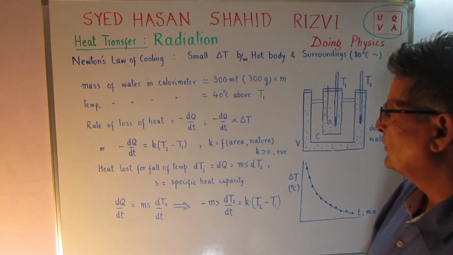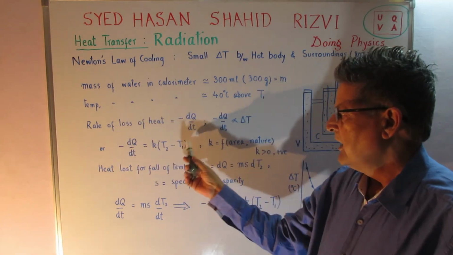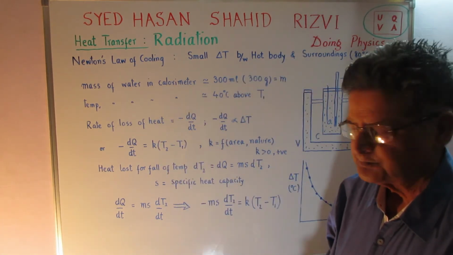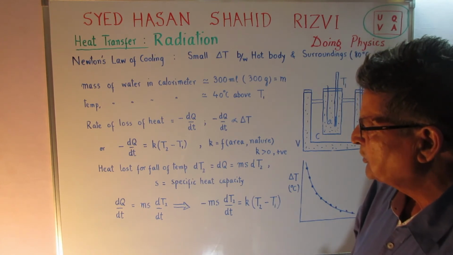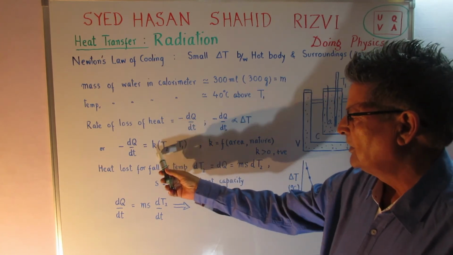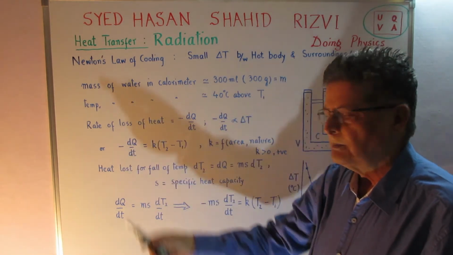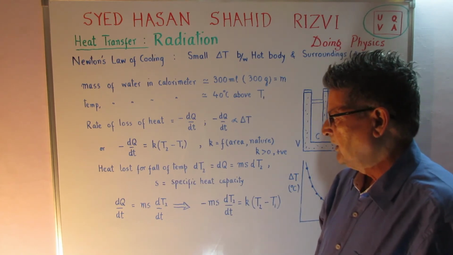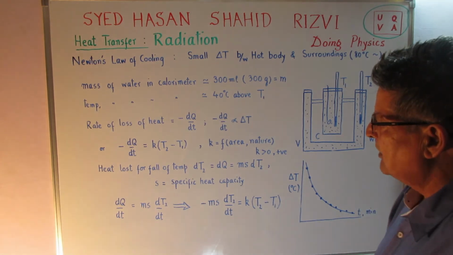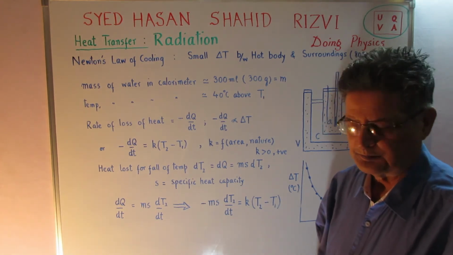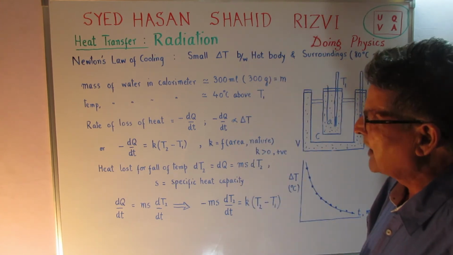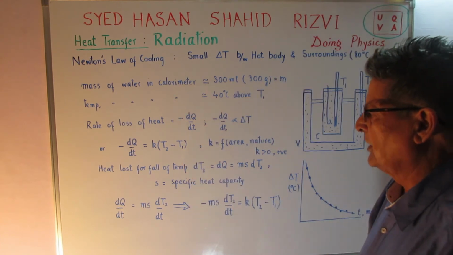Because there is a direct proportionality, there is a constant of proportionality, and like all such constants, it will not depend upon these variables. What does it depend on? As usual, it is a function of the system, which comprises an area and the nature of the surface and so on, and k is a positive constant.